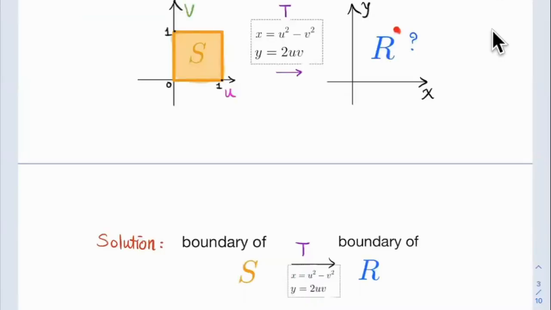In order to find this region on the xy plane that corresponds to this region on the uv plane, let's consider the boundary.